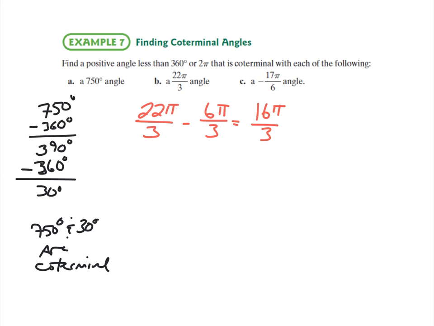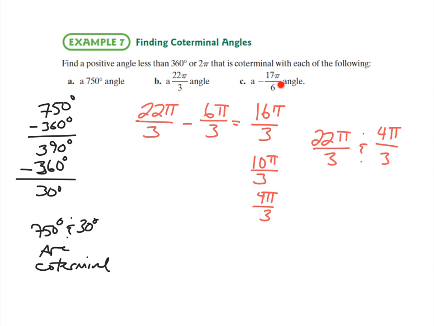So when I do that, I get 10 pi thirds, and then I get 4 pi thirds. So what that tells me is 22 pi thirds and 4 pi thirds are coterminal. And that's not to say that it's not also coterminal with 16 pi thirds and 10 pi thirds. Every single one of those angles are all coterminal.